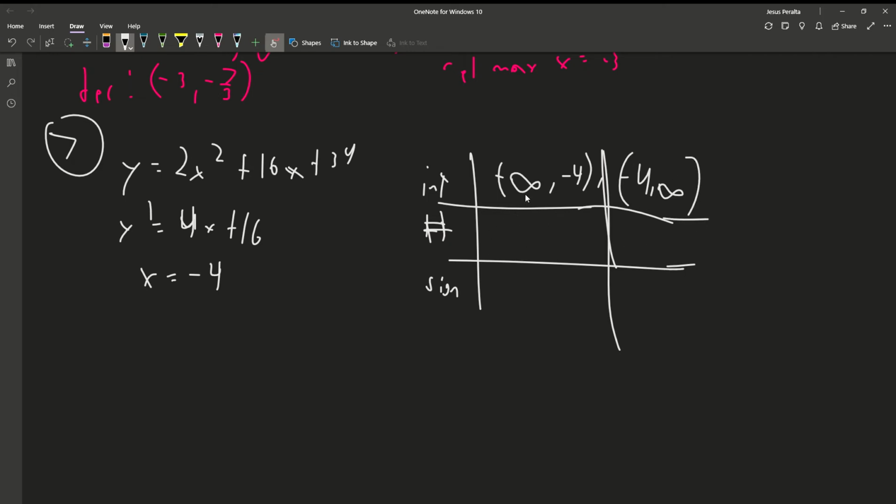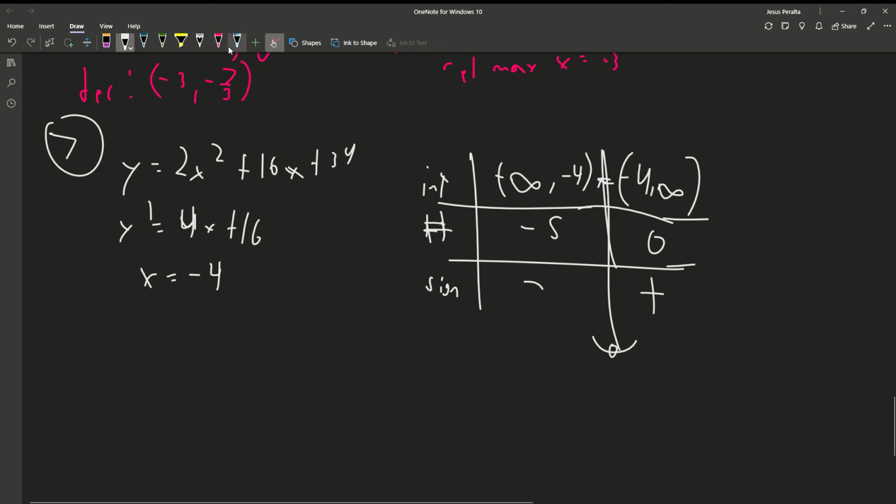So find a number. It could be negative 5, and this could be 0. It almost seems really similar to, I would say, number 2. So then at negative 5, you would obviously get a negative as your answer, and you would get a positive 16. It would look like this, so that means a minimum at negative 4.